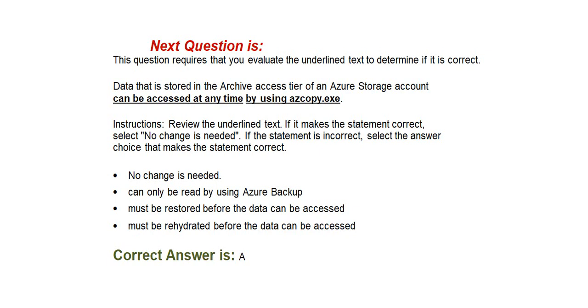If the statement is incorrect, select the answer choice that makes the statement correct. Option A, no change is needed. Option B, can only be read by using Azure Backup. Option C, must be restored before the data can be accessed. Option D, must be rehydrated before the data can be accessed. Correct answer is option A, no change is needed.